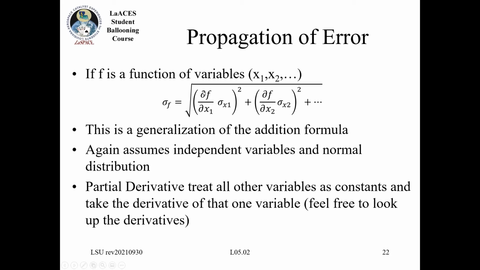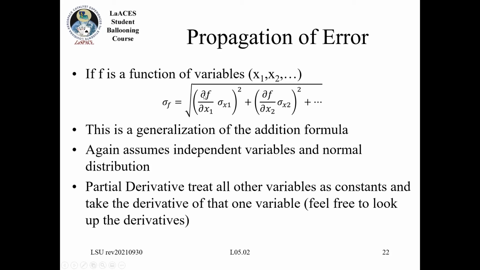So for those of you that aren't familiar, each one of these terms here is the partial derivative of that function f, right? So this would be like the partial derivative of the volume. What the derivative is, I'm trying to see how that quantity changes with respect to that.